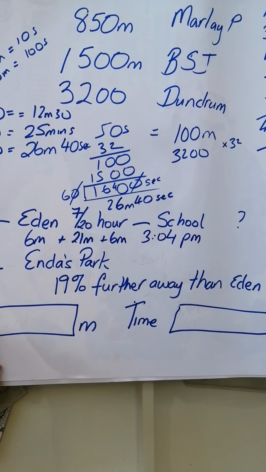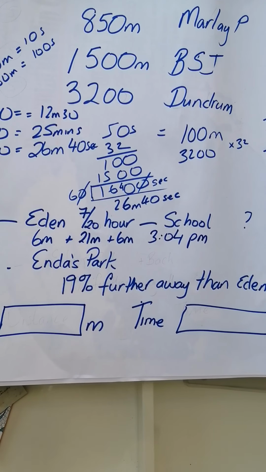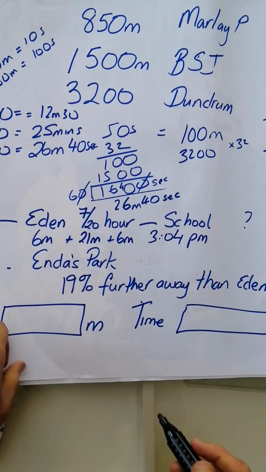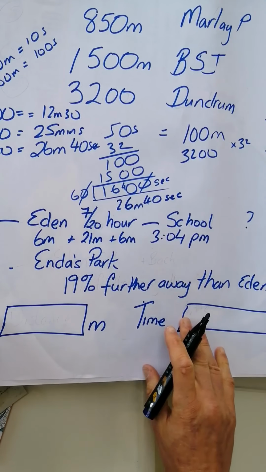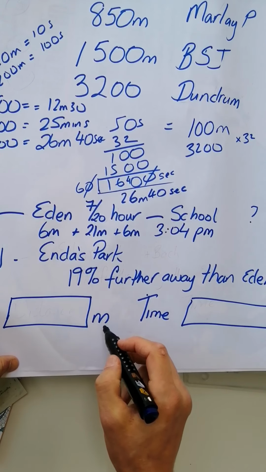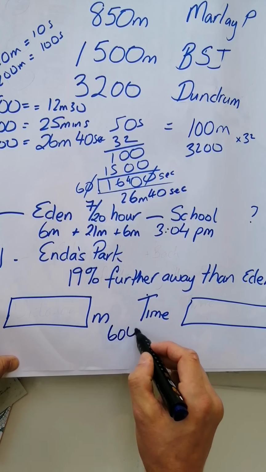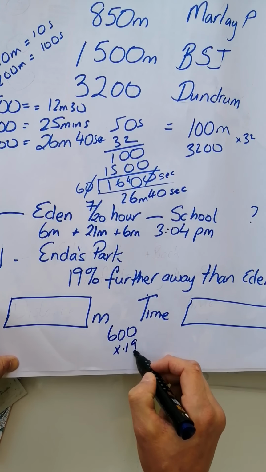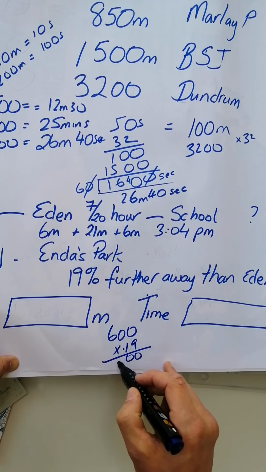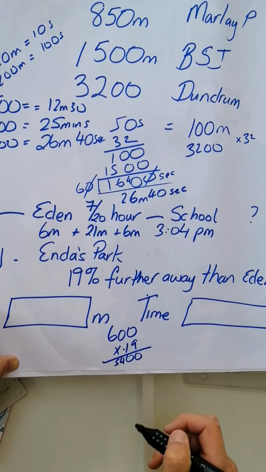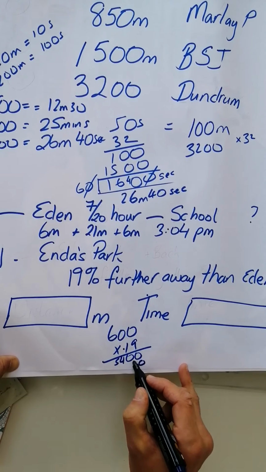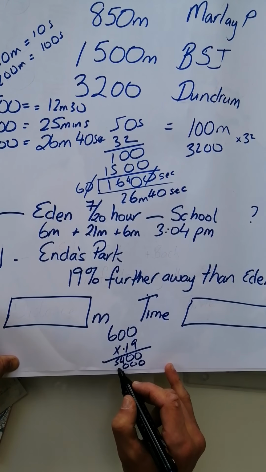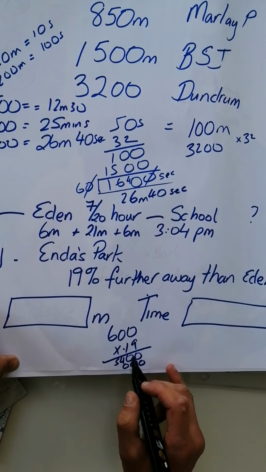Okay, this is a little decimal question. So Enda's Park is 19% further away than Eden. So you have to find 19% and add it on. So we can do it lots of ways. If I multiply 600 by 0.19, and I wasn't smart doing it down there.